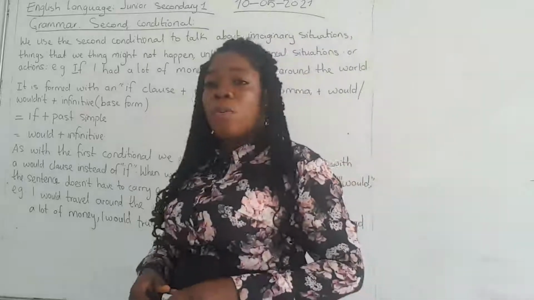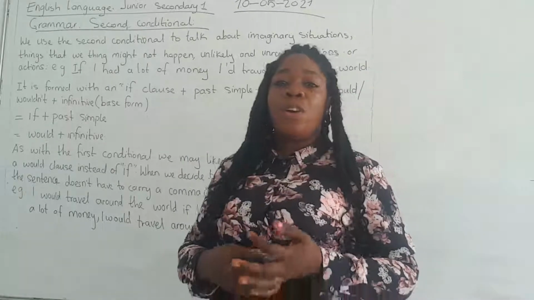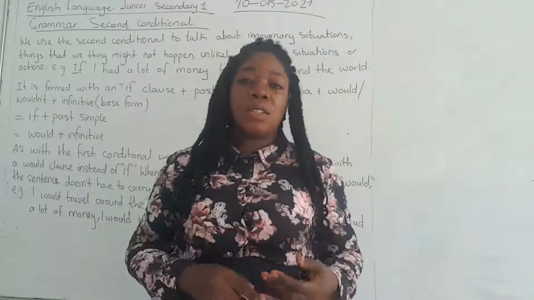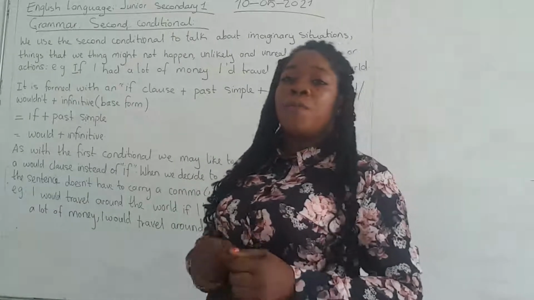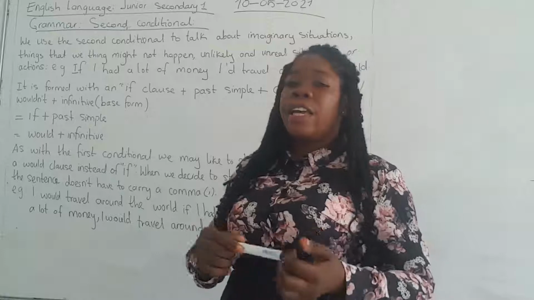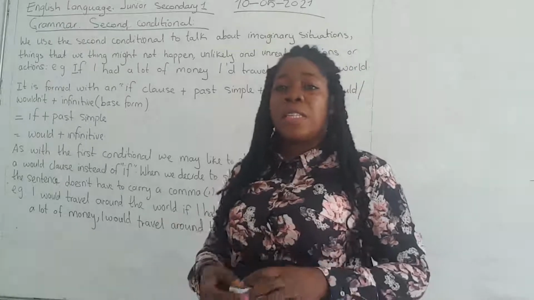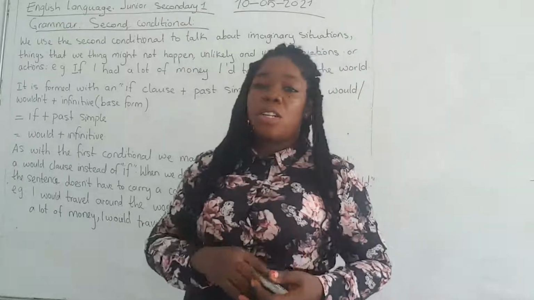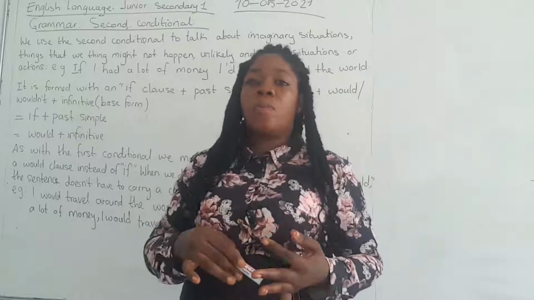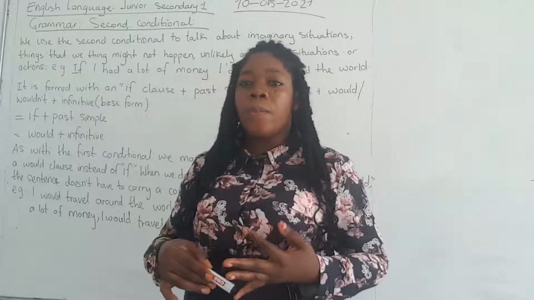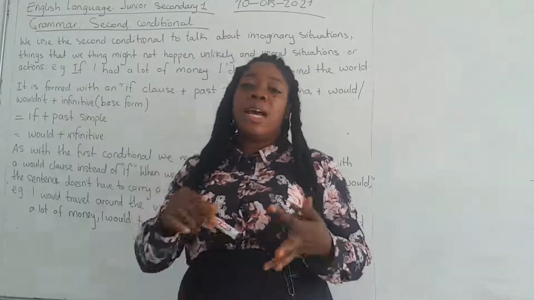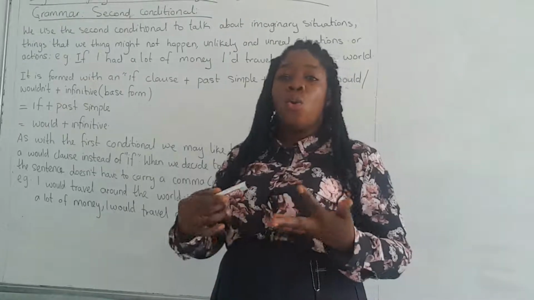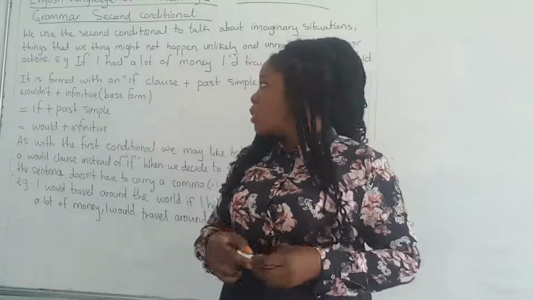It is formed with an if clause. We've seen the first conditional, this is the second conditional. All of them are formed with an if clause. But the difference is that in the first conditional, we use an if clause plus will or won't, while in the second conditional, we use an if clause plus would or wouldn't.